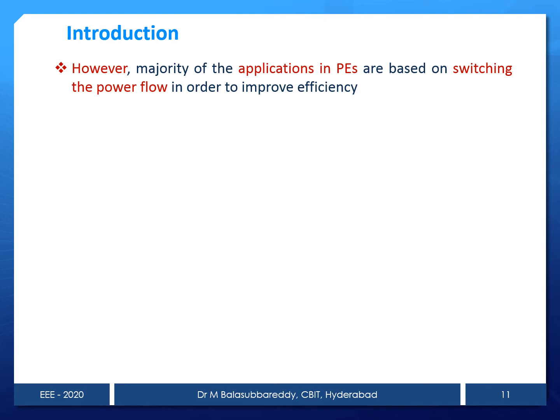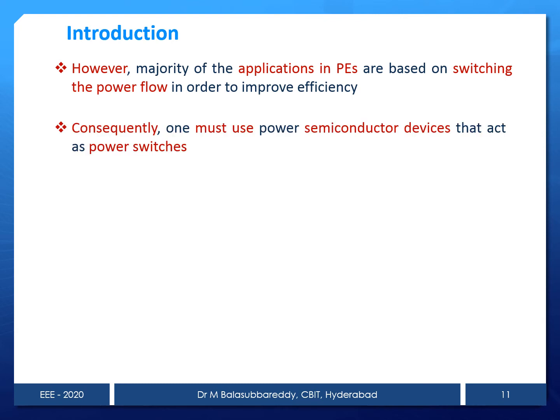Like turning on the device and turning off the device at regular intervals based on our requirement of the output voltage, and consequently one must use power semiconductor devices that act as power switches. Here the power switch is not an ordinary switch, it is a controllable switch. The switch is any of the devices we will discuss in Unit 1.